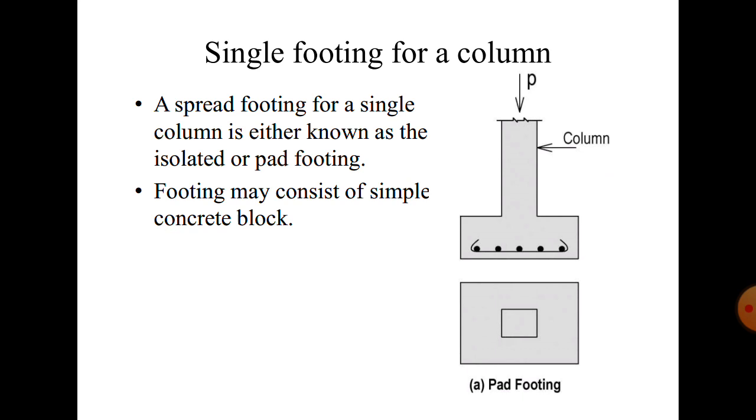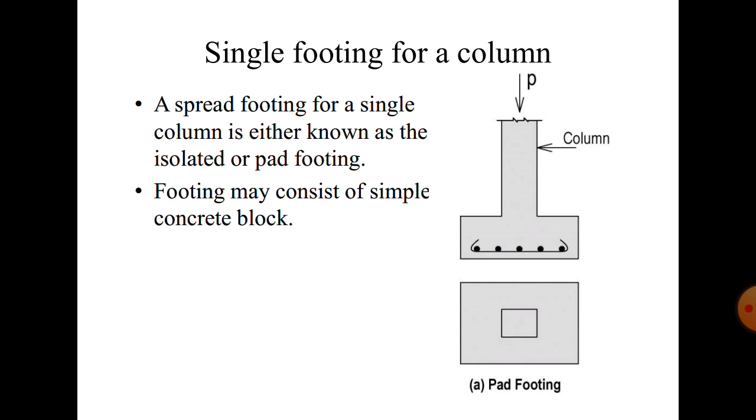The first one is a single footing for a column. Here in figure C we can see the pad footing. A spread footing for a single column is known as an isolated or pad footing.